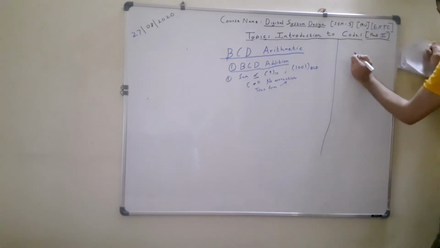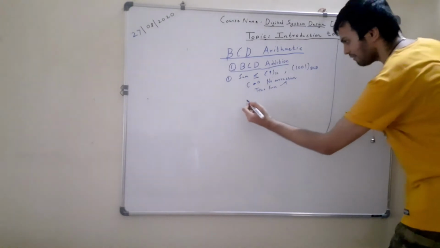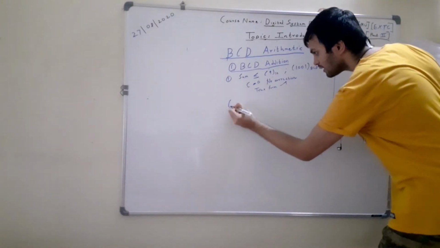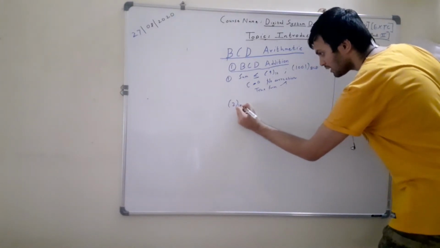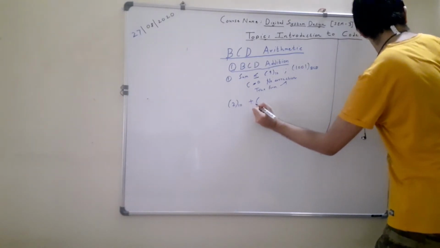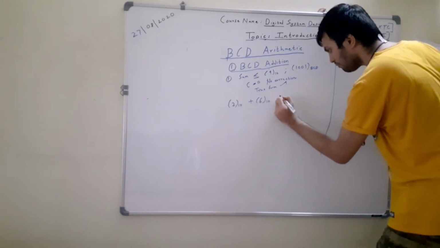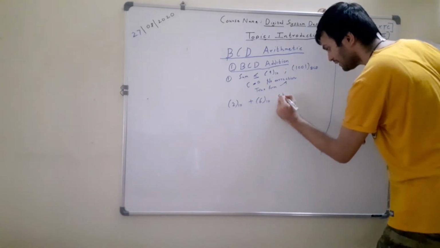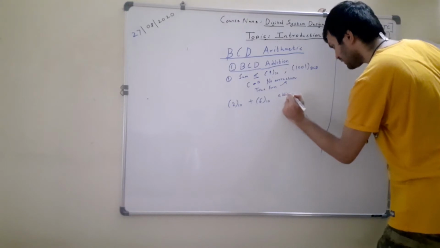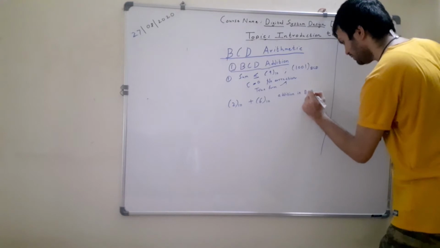Let's say I want to add 2 plus 6. We want to perform this addition in BCD form using BCD arithmetic.